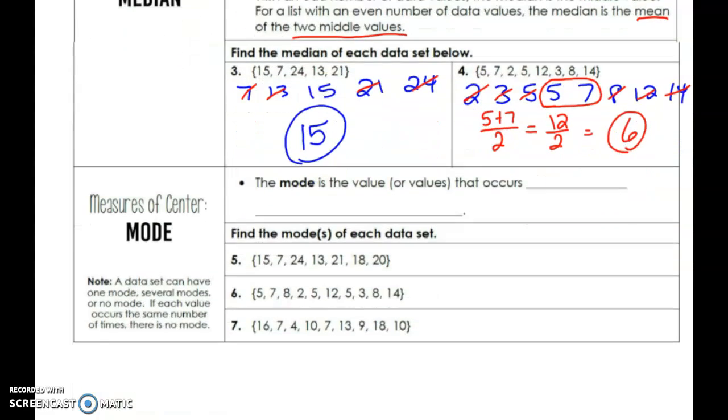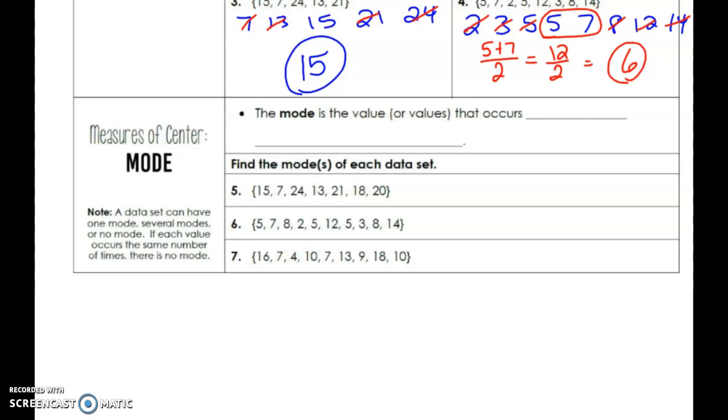All right, mode was the last type of measure of center. This one is the value that happens most often. Okay, find the mode of each data set. Now, number 5 is kind of a trick question because no values repeat, so we're going to say none. Okay, number 6, we've got a bunch of 5s, we've got a bunch of 8s.